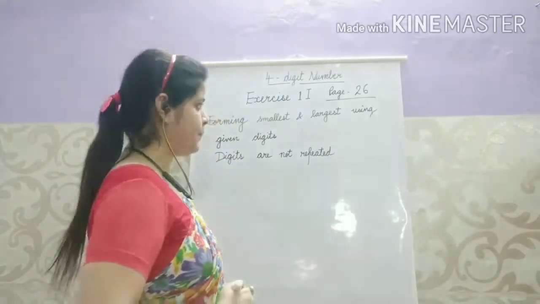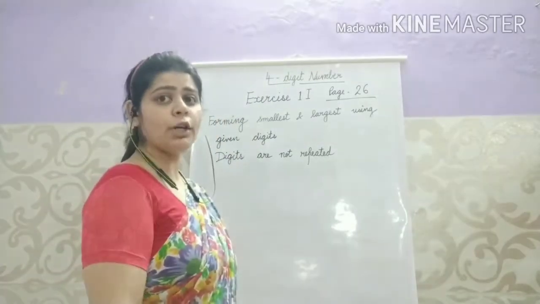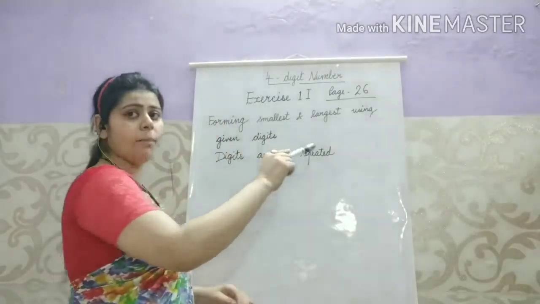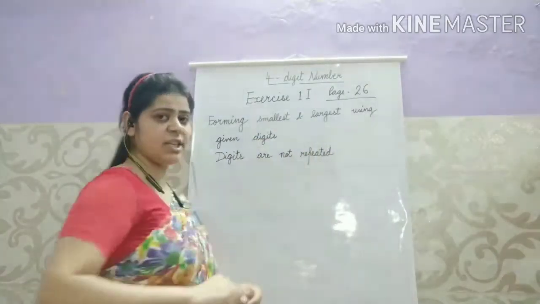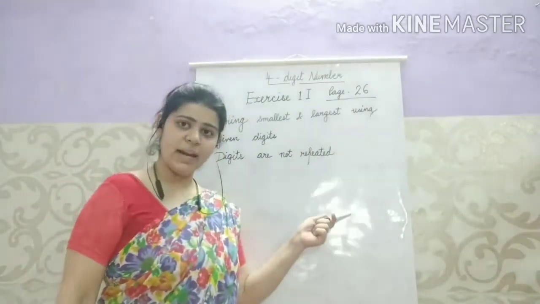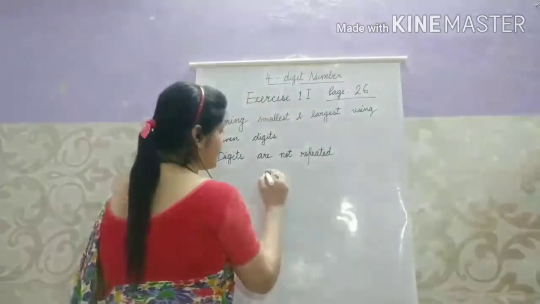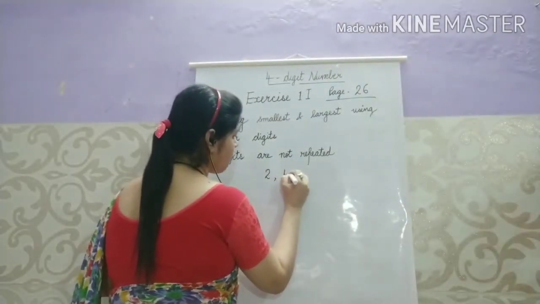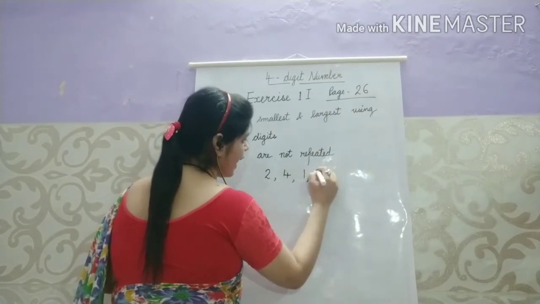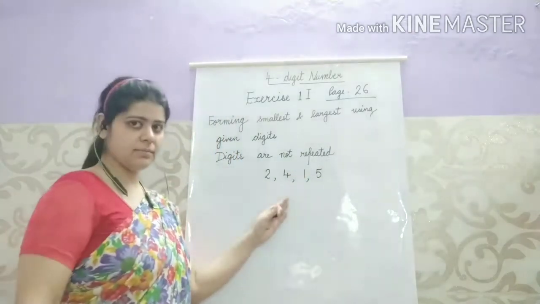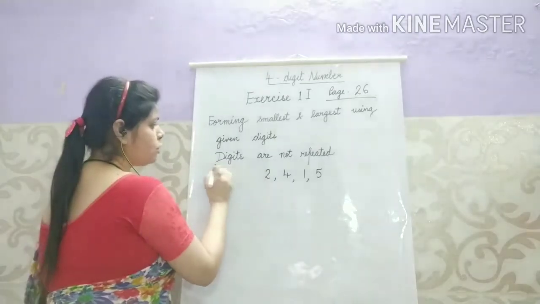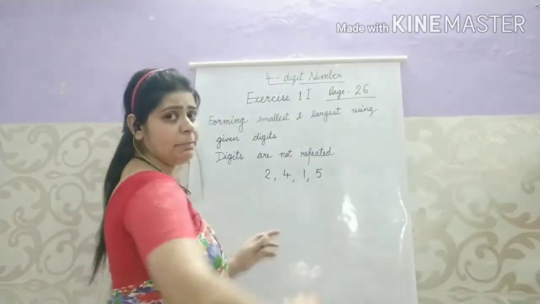So let's see. In these questions, what you have to do? You have to form the smallest or largest number with the digits given. Suppose the number is 2, 4, 1 and 5. This number is given. Digits are not repeated.